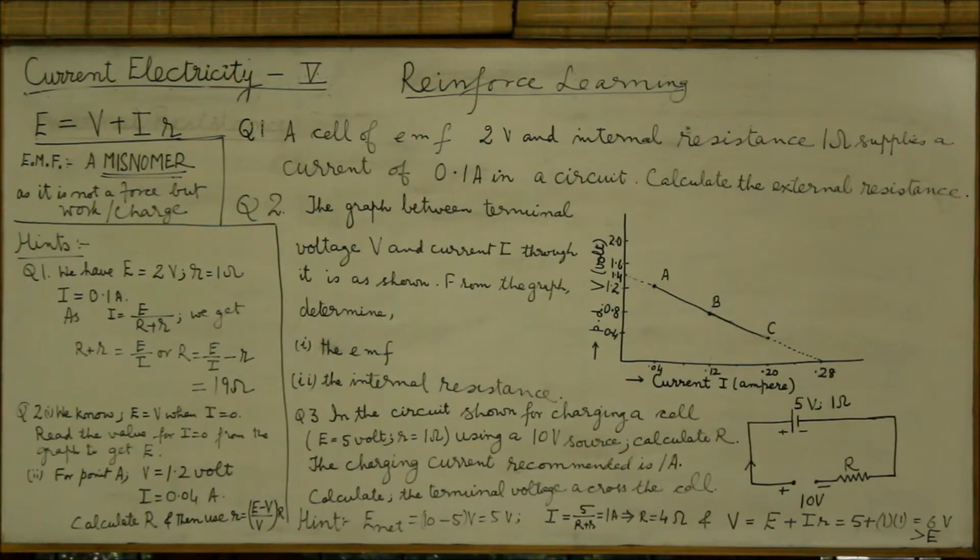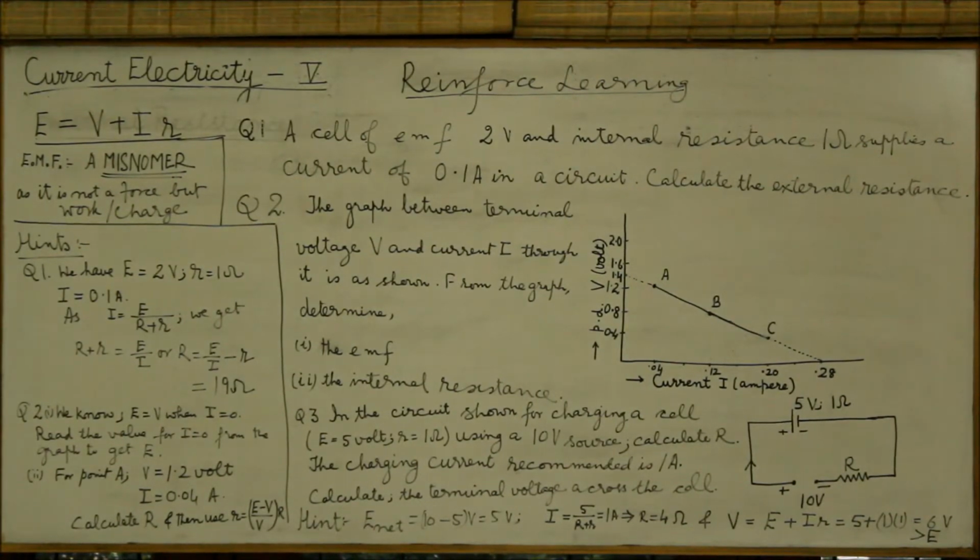Remember, the term EMF is a misnomer, that is a wrong name, because the EMF or electromotive force is not a force. Its unit is not Newton, but it is work upon charge or potential difference, and the unit we know is volt.